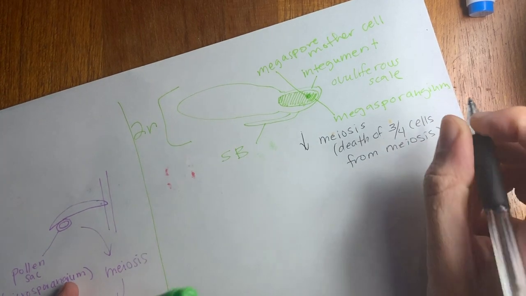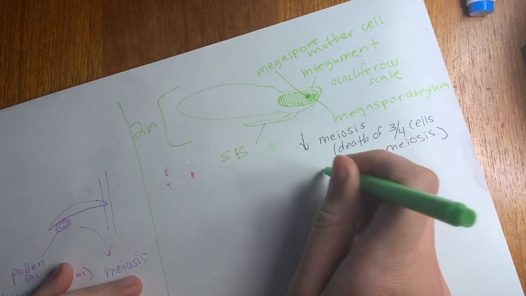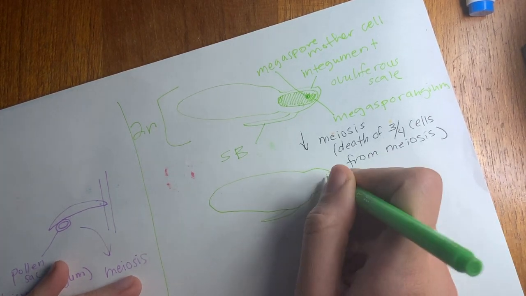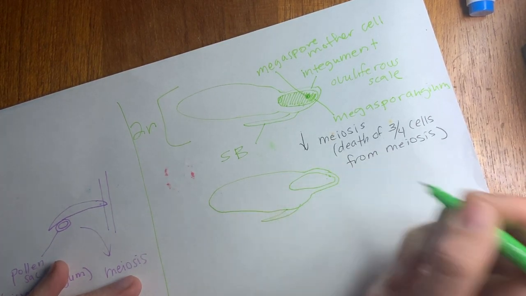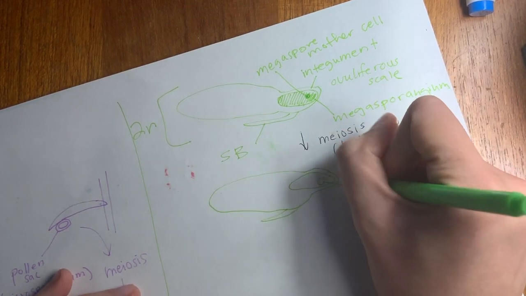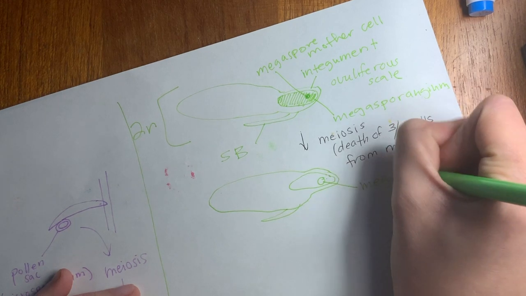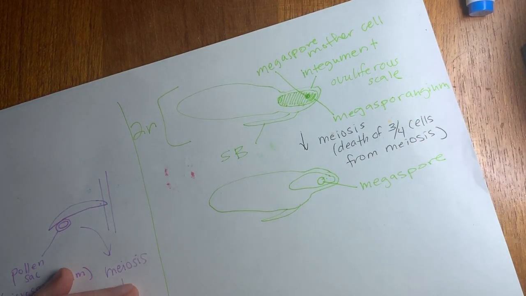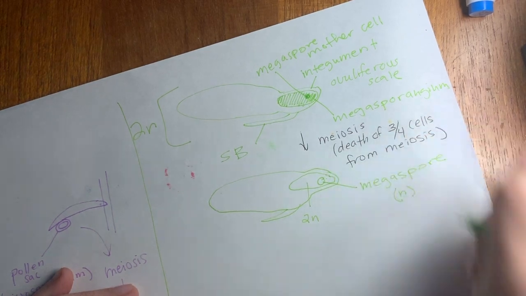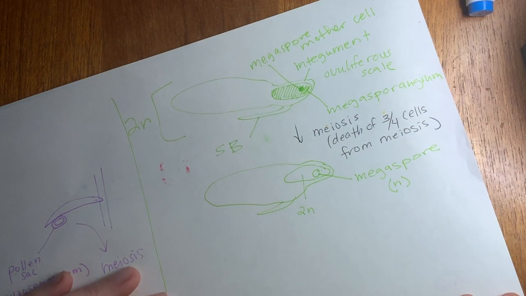then we will have our integument, our megasporangium tissue, and a megaspore. So now we have a megaspore inside of diploid tissue. The megaspore is haploid. And what is a megaspore going to do?